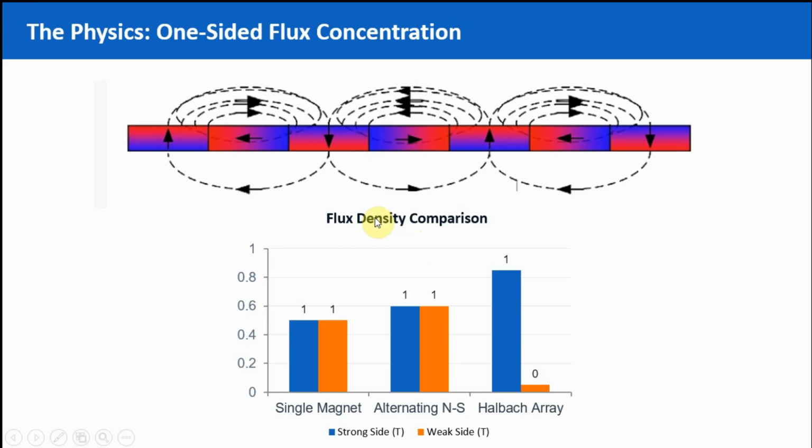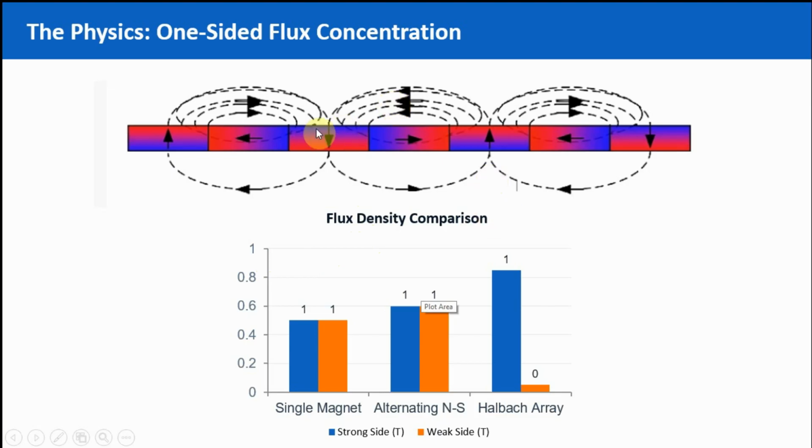The main idea behind the Halbach array is magnetic field concentration. By rotating the magnetization direction of each magnet, the magnetic field combines constructively on one side and cancels on the other side. This improves magnetic efficiency and reduces flux leakage.